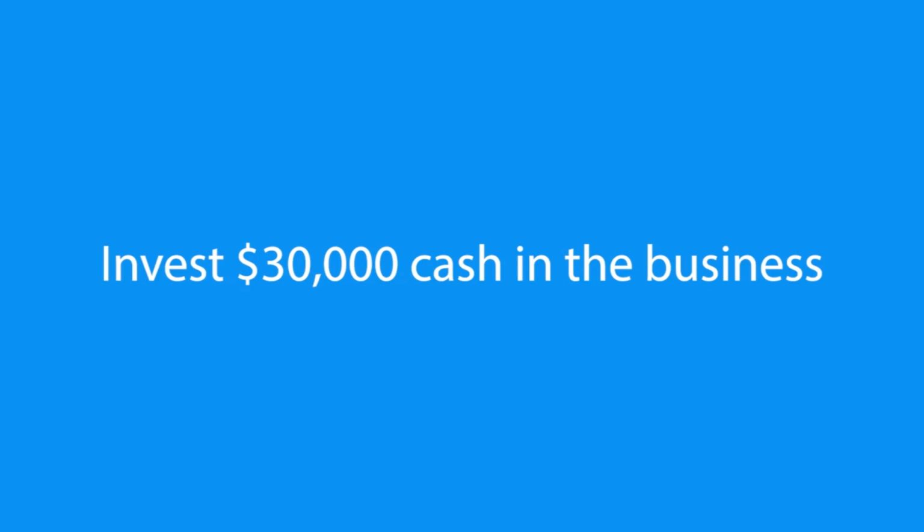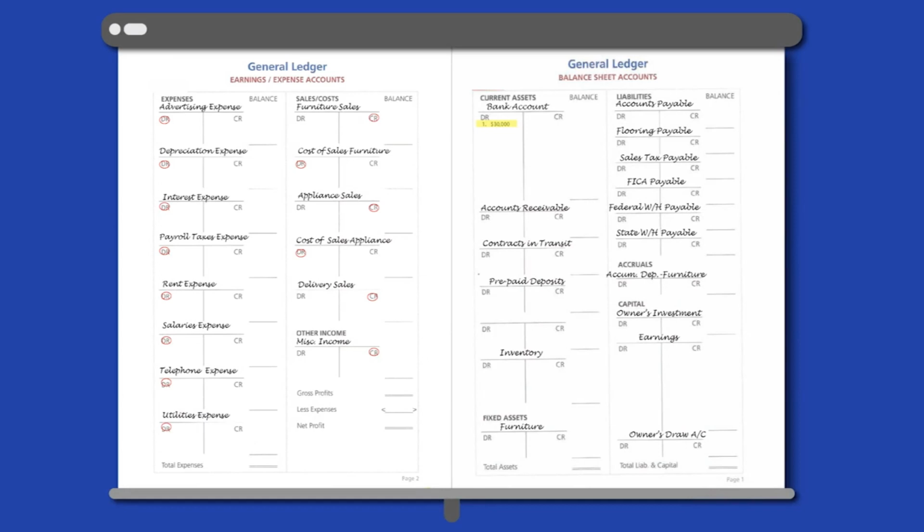Okay, Estella, what did you do? The bank account. We're going to debit the bank account, $30,000. Now, where'd that $30,000 come from? Owner's investment. So we're going to credit $30,000 to owner's investment. Okay? So debit the bank account, credit owner's investment.